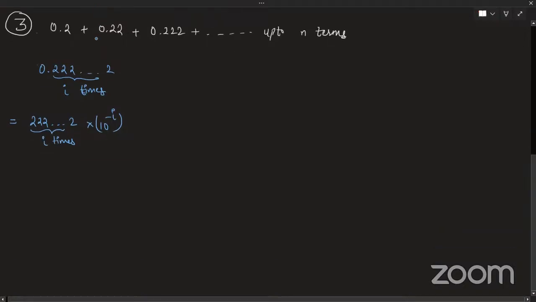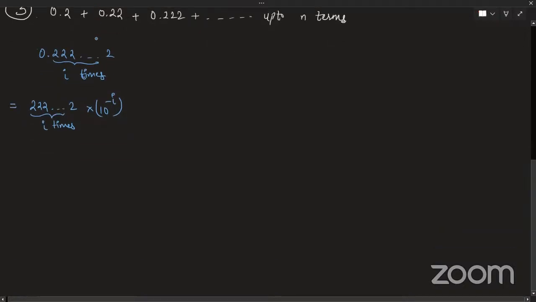Yes. So what is the value of this number, 2222 that comes i times? It is 2 by 9 into 10 raised to i minus 1, multiplied by 10 raised to minus i.